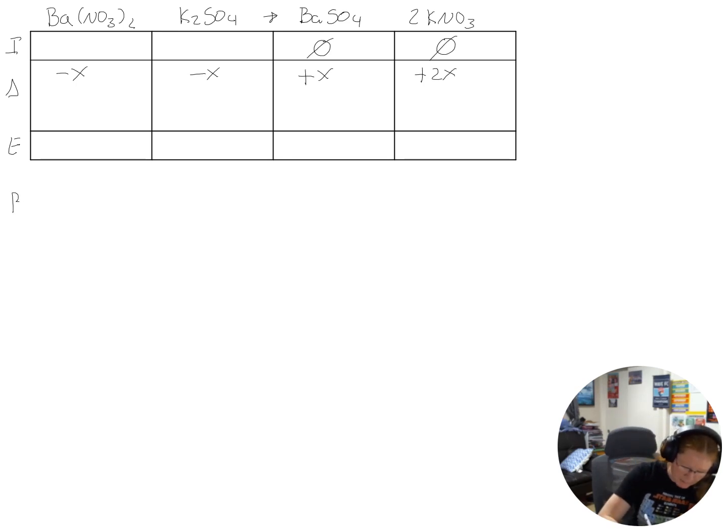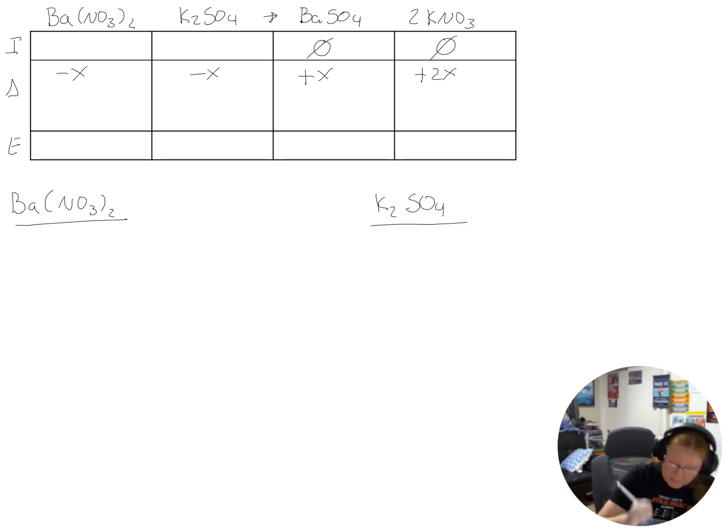So we have our barium nitrate, and we have our potassium sulfate.